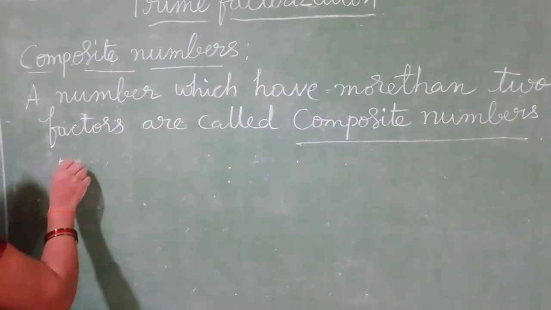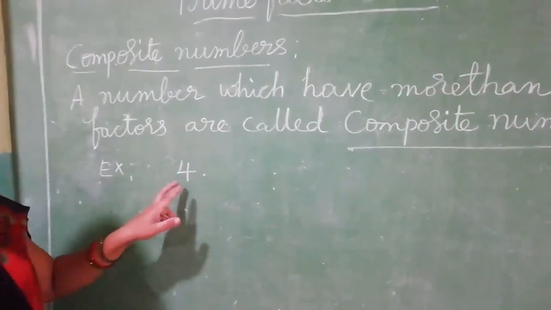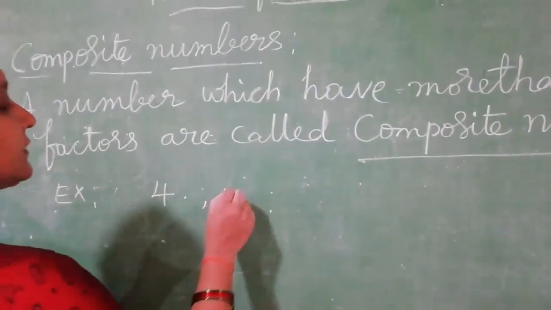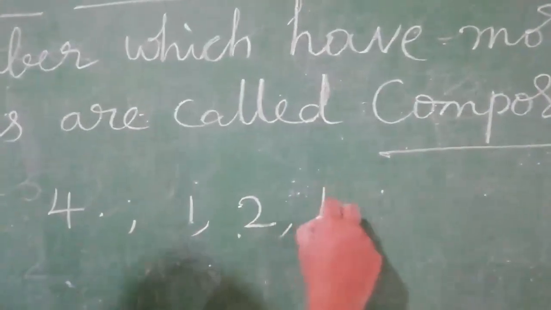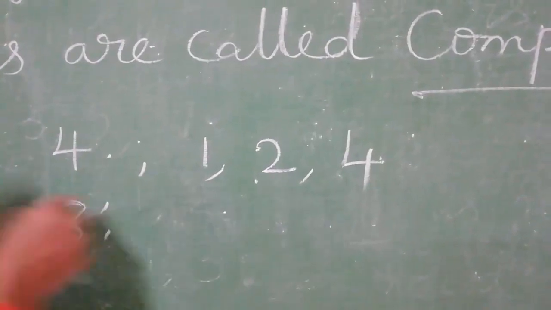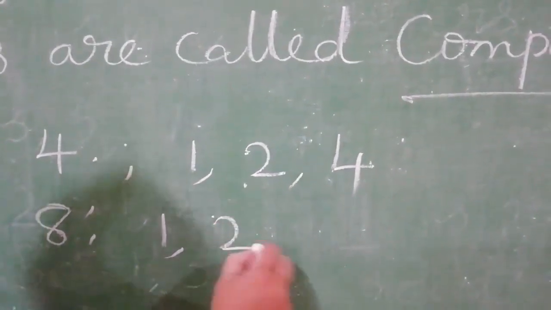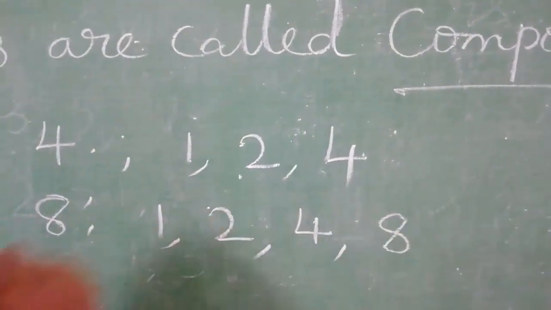Example, number 4. How many factors does 4 have? 1 4 is 4, 2 2s are 4, 4 1s are 4. And the number 8: 1 8 is 8, 2 4s are 8, 4 2s are 8, 8 1s are 8.